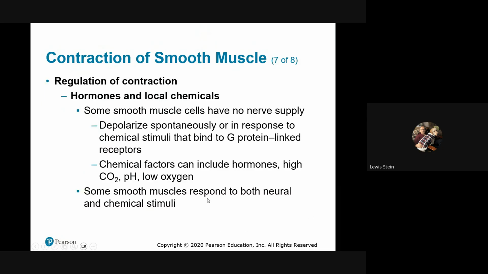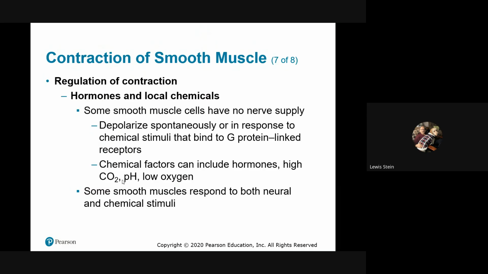So some of them in response to chemicals will play a role. It can be hormonal chemicals. It can be in response, think respiratory, to high levels of carbon dioxide, which will alter the pH because it alters our buffering system, and low oxygen. You're going to see that trio again and again. And order is important. Oxygen is really important, we can't live without it, but typically it's not the thing that triggers.